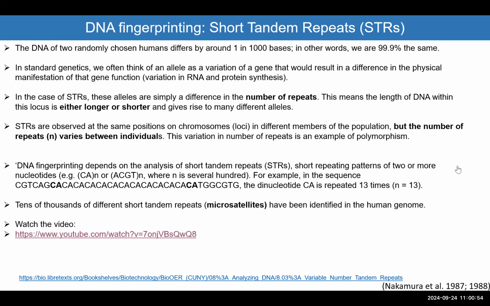One thing you have to think about is that cell cultures, cell lines, become more and more homogeneous with time. And it's very rare that people look at those STRs in the cell line that they are using, because these are not coding genes.